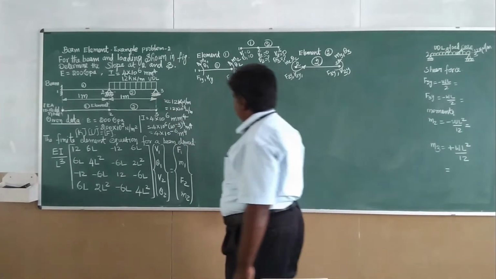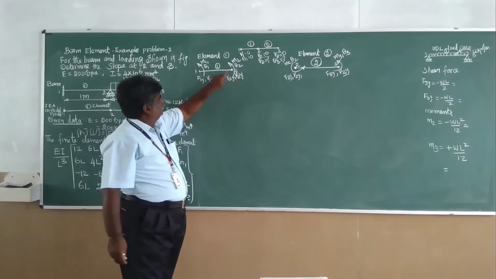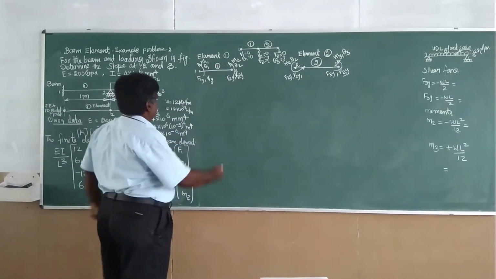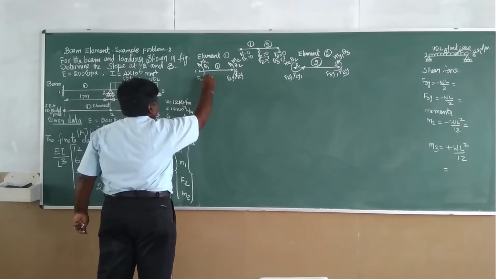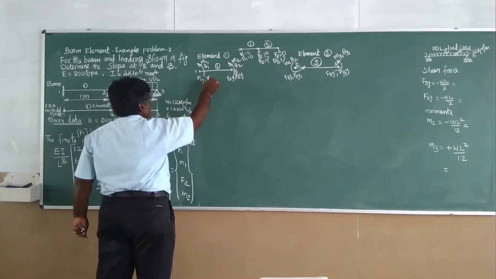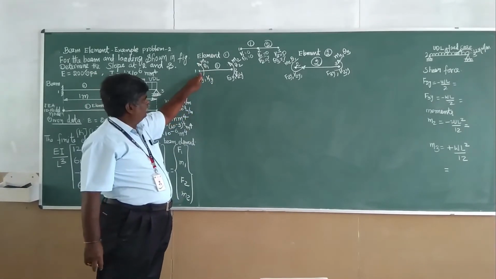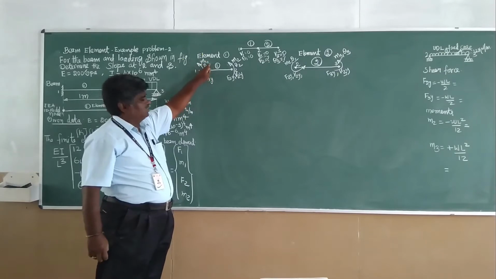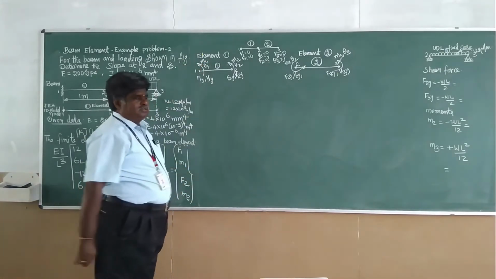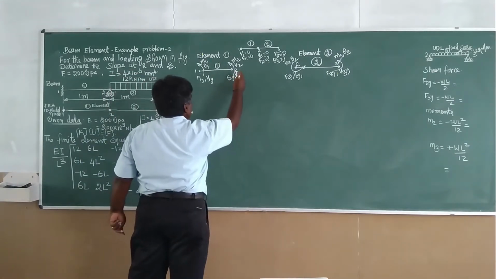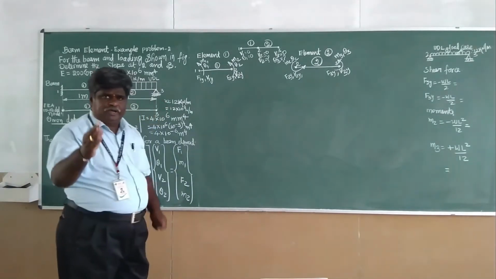First we consider element 1, nodes 1 and 2. Indicate the force at nodal point 1, the deflection in the y direction at nodal point 1, then the moment and the corresponding slope theta 1. Similarly F2, V2, M2, theta 2 for nodal point 2.